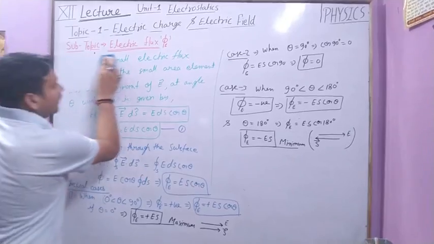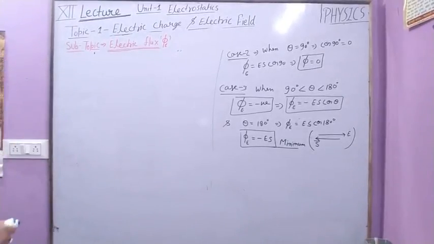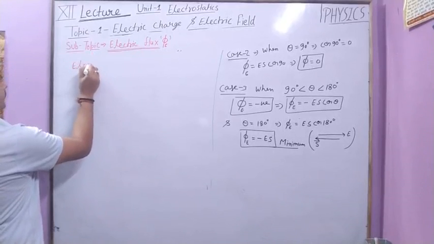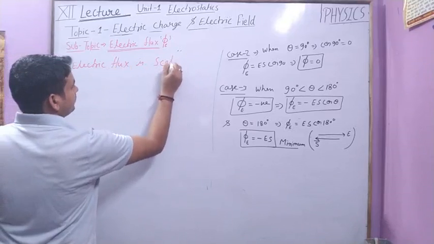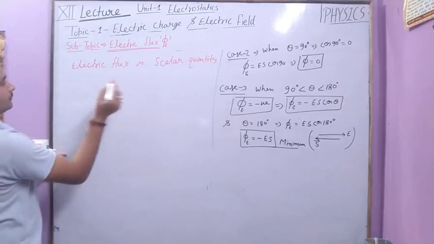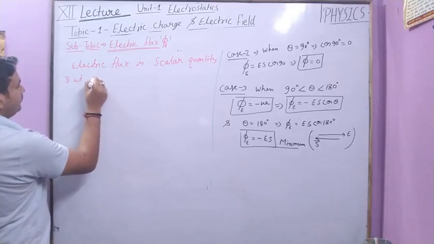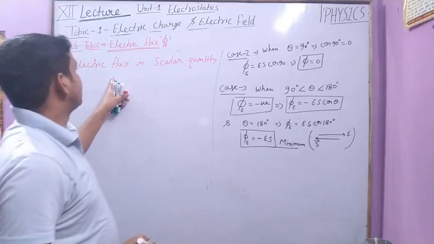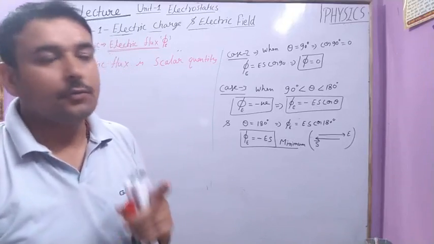Now here, electric flux is a scalar quantity, but it is the measurement of the electric field, and you know that the electric field is a vector quantity.